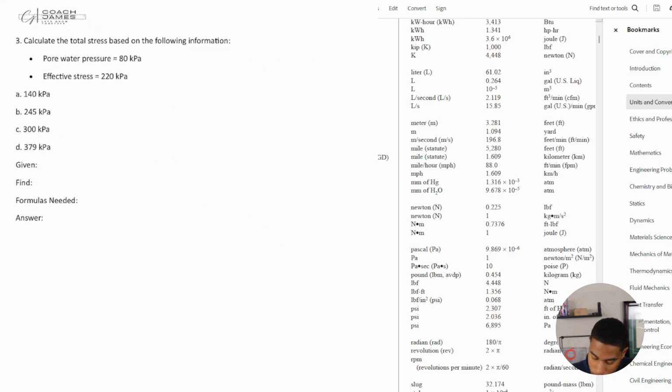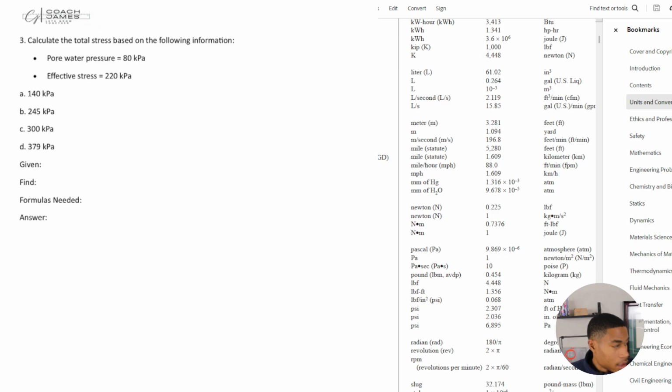Okay. Look at number 3. So it says calculate the total stress based on the following information. So we're given pore water pressure and we're given effective stress that is equal to 220 kPa. Okay. So first we want to write out what we're given.